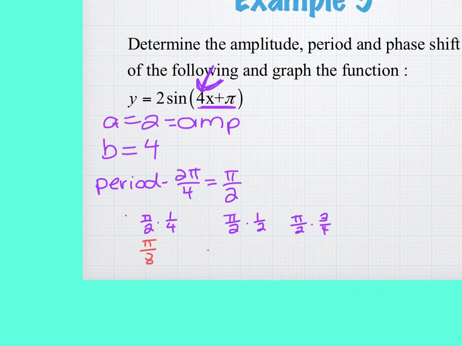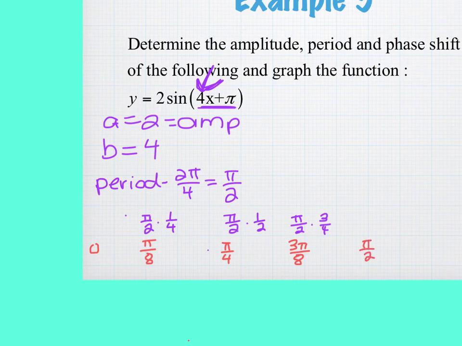Pi over 8, pi over 4, 3 pi over 8. My first one was usually 0. The last one usually the period, which is pi over 2.